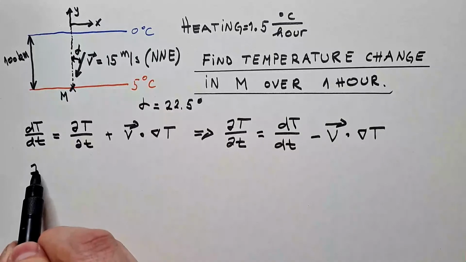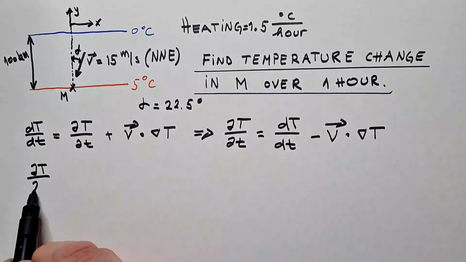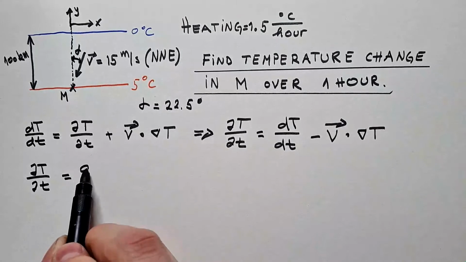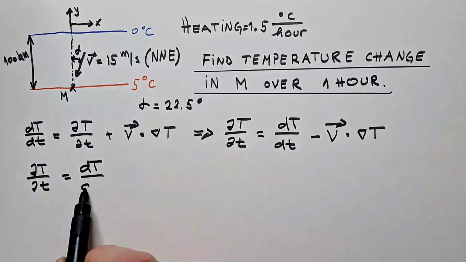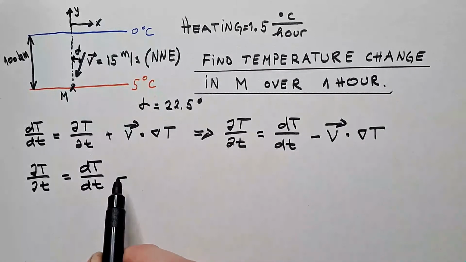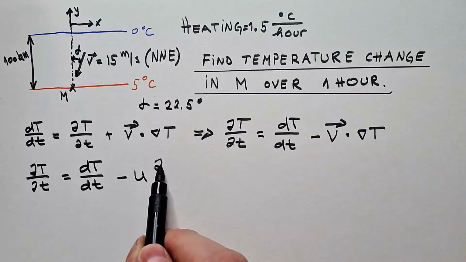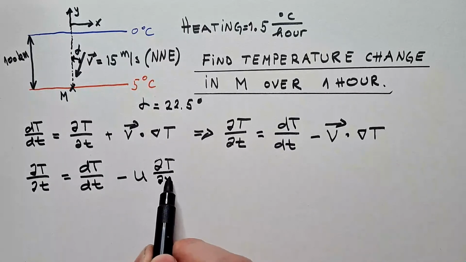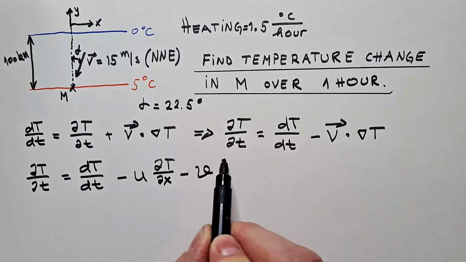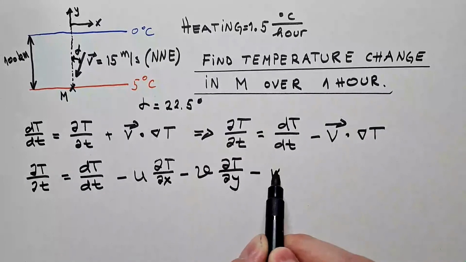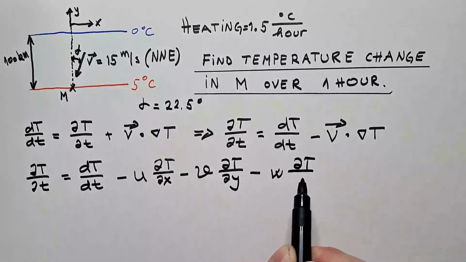Or I can say further, ∂T/∂t is equal to dT/dt minus. Now I need to write this in terms of components, which is u ∂T/∂x minus v ∂T/∂y and minus w ∂T/∂z.